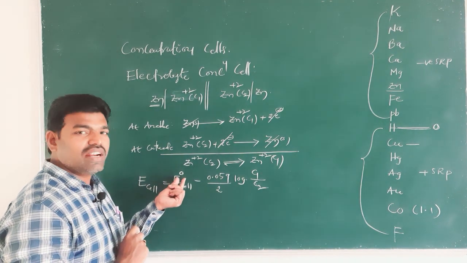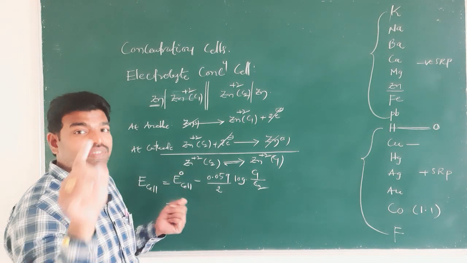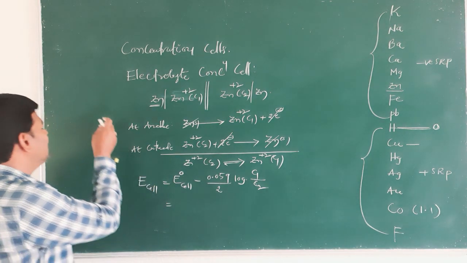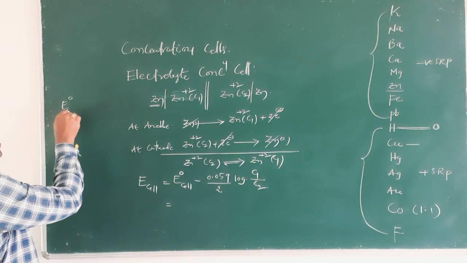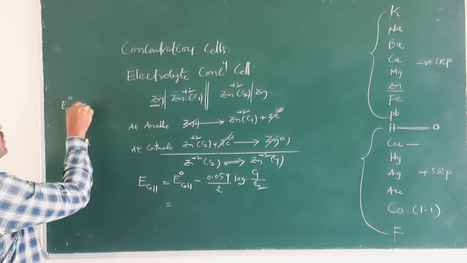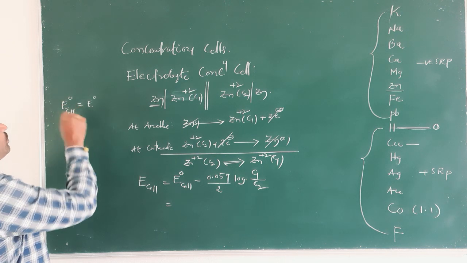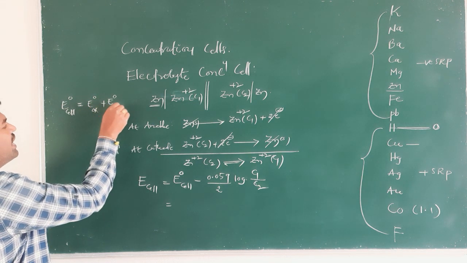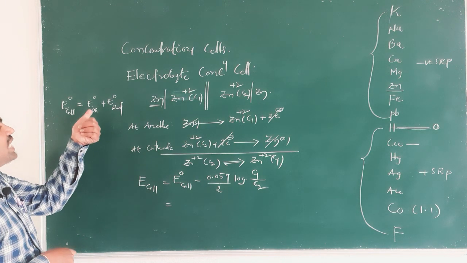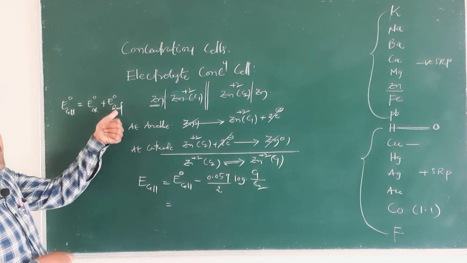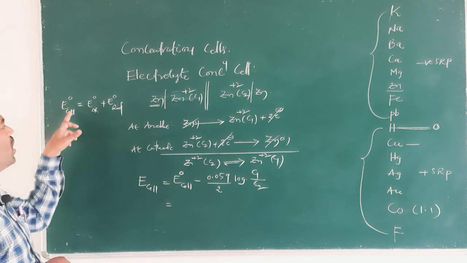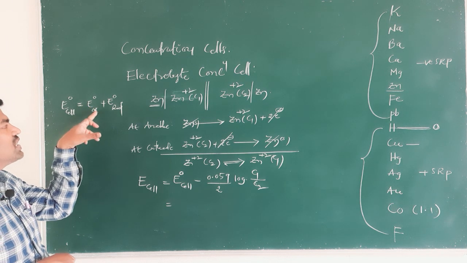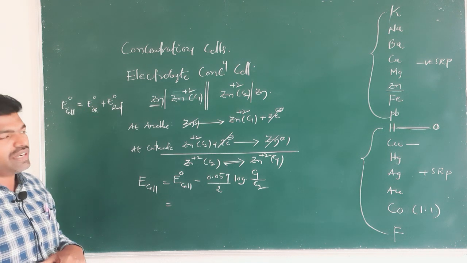We already know that E naught cell means the standard EMF of the cell, which is equal to the standard oxidation potential plus the standard reduction potential.